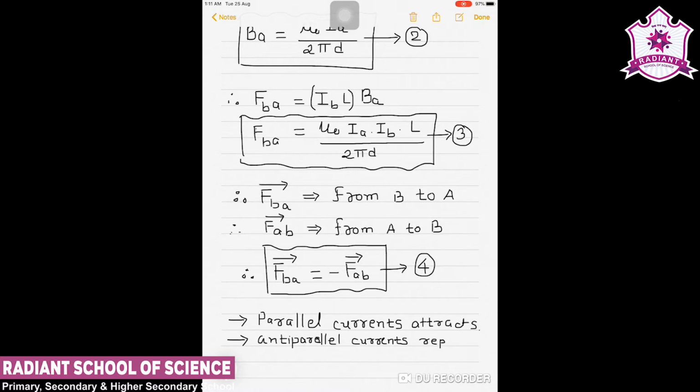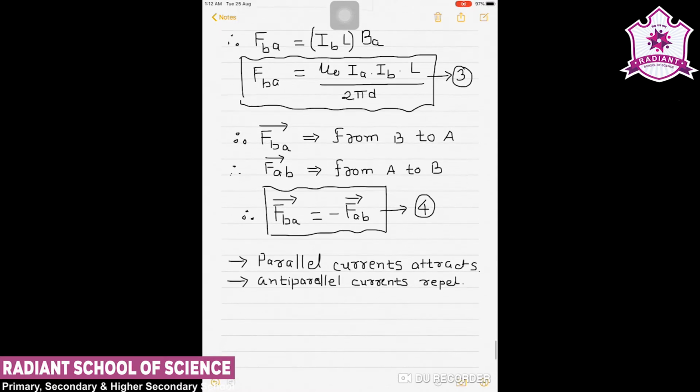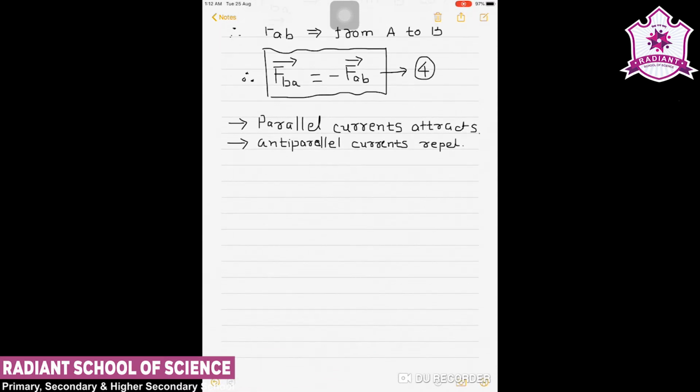But we have to remember that this part is actually opposite to Coulomb's law. Now here we will see how.